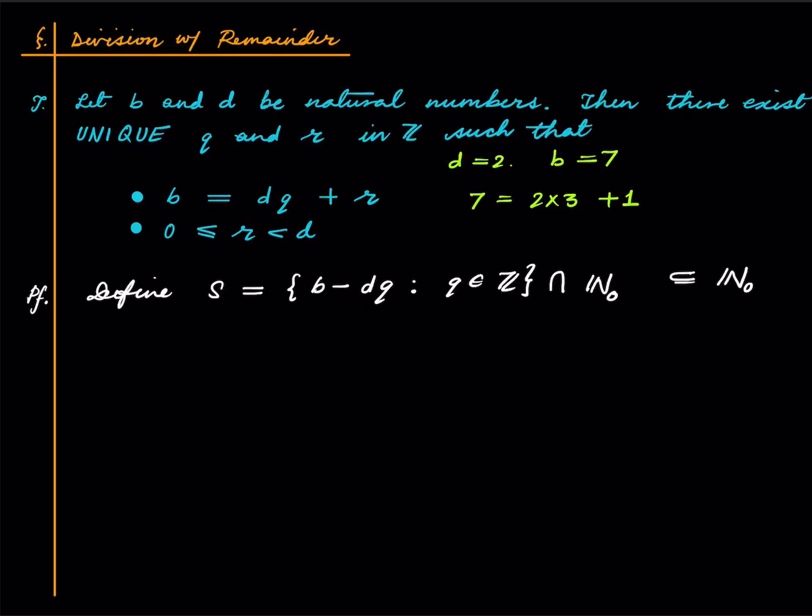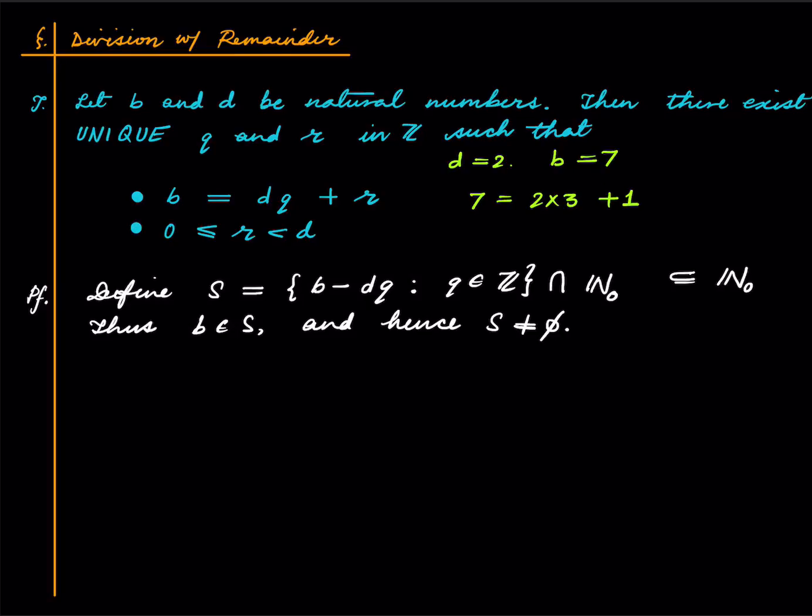And now, by the well-ordering principle, well, first we need to show that this is non-empty. So why is it non-empty? It is non-empty because you could choose q equals 0. If you choose q equals 0, then b is of course a positive integer, a natural number which is there in this set. So S is non-empty. Thus b is in S, and hence S is non-empty.